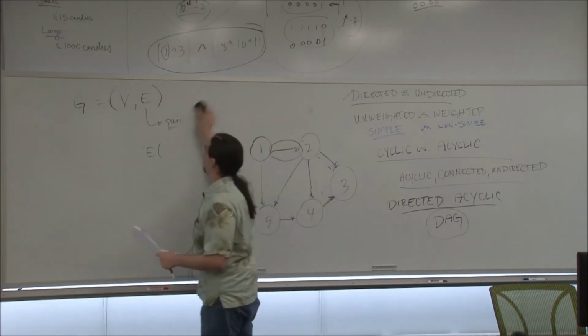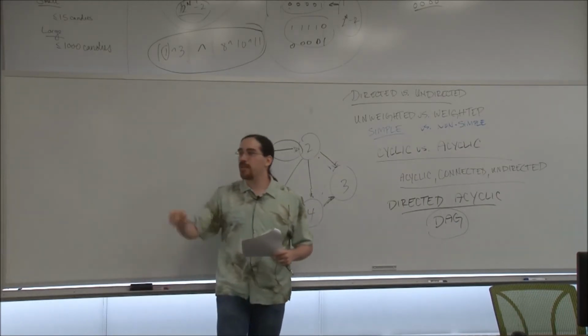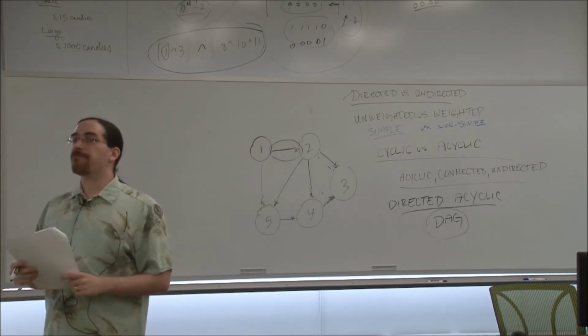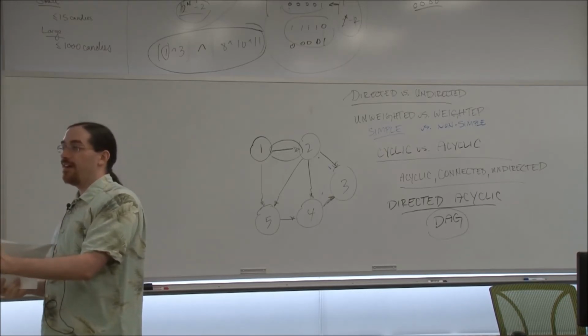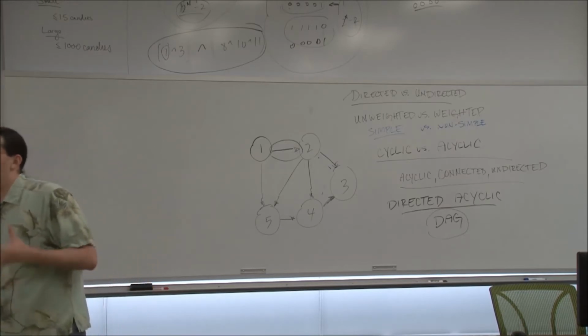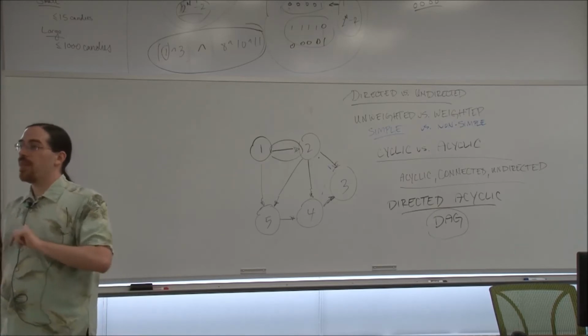Let's talk about graph storage. Why can't a tree be directed? So a lot of times you'll see directed graphs drawn as trees, as asymmetric parent-child relationships.